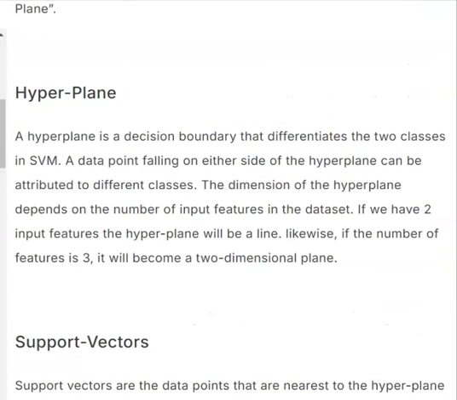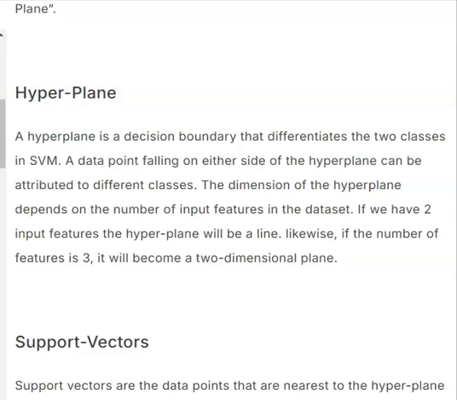So if you come back here, what is a hyperplane? In the real world, generally, we won't work only with two dimensions. Sometimes we have many features. When that happens, SVM will find a hyperplane. If we have two dimensions, we call it a line.